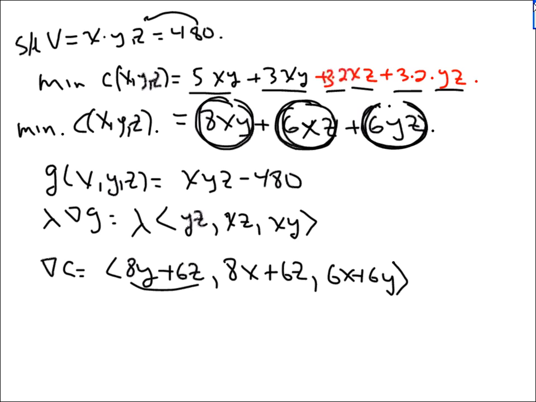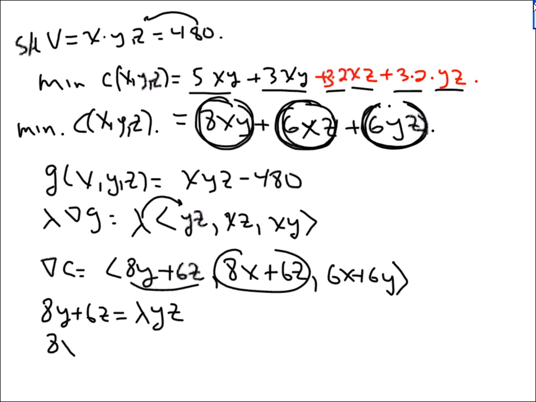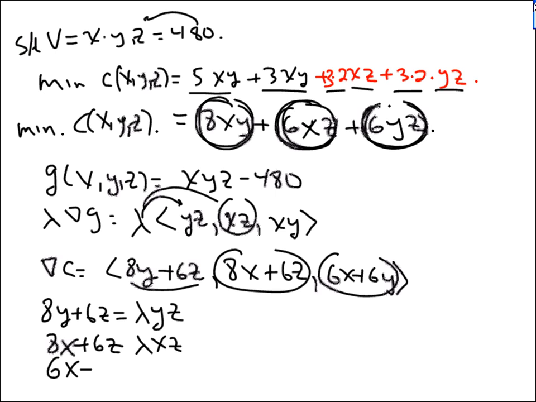You want to set these equal. You want to say that 8y plus 6z is equal to lambda times yz, that 8x plus 6z is equal to lambda xz, and that 6x plus 6y is equal to lambda times xy.